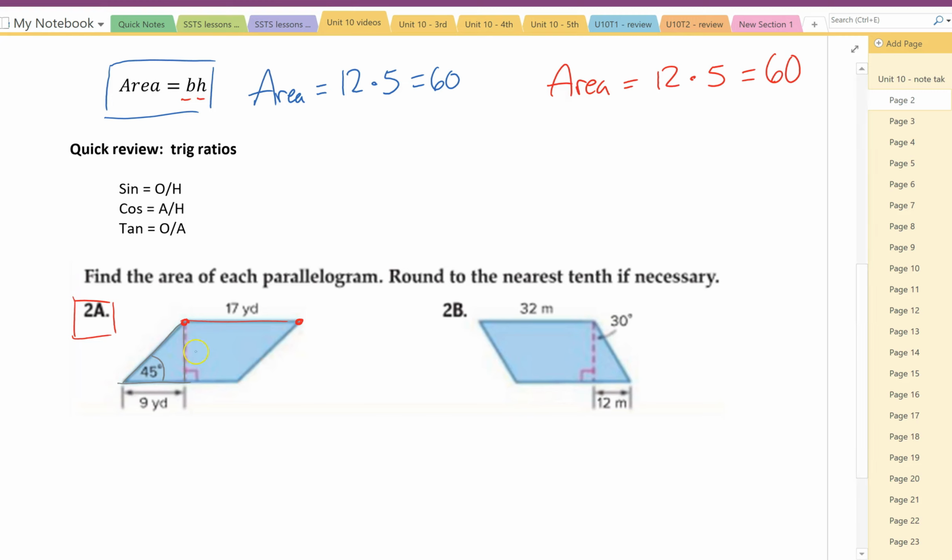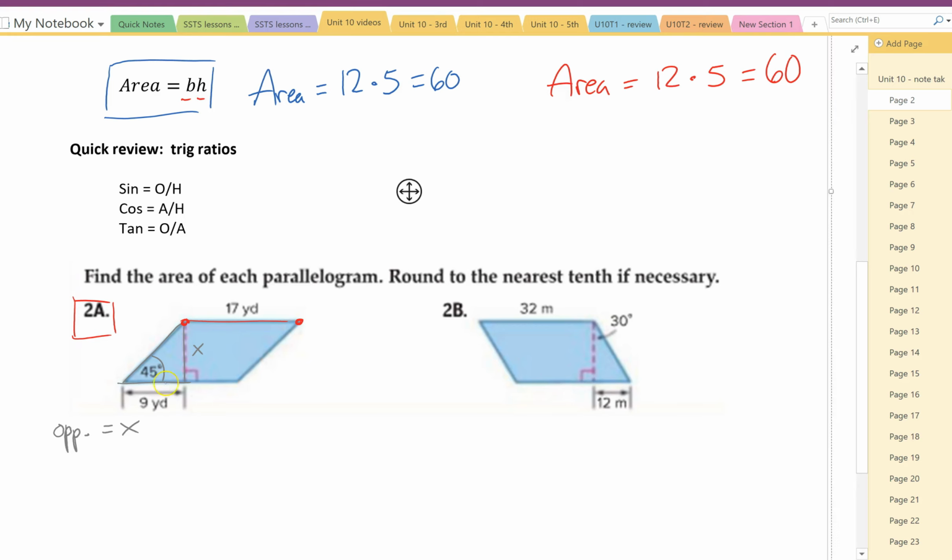So what I got to do is I need to figure out x using a trig ratio. So first thing I'm going to think about is, well, what is this side x in relation to this 45-degree angle? It's an opposite. So I have an opposite side which is equal to x, since I don't know what number to put there right now.